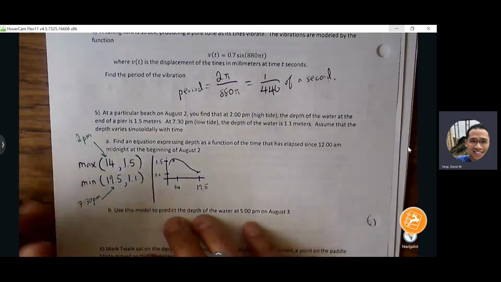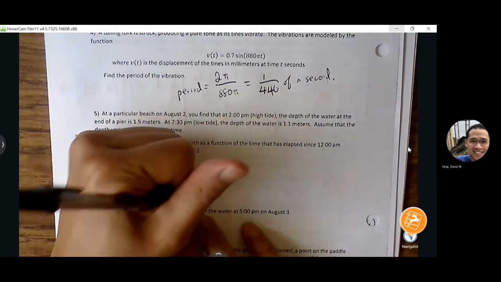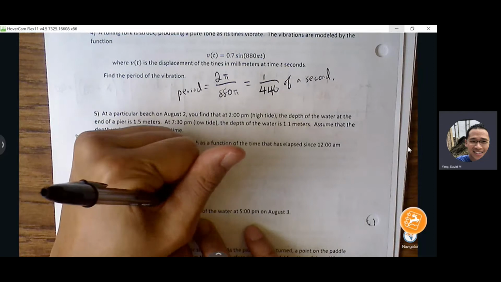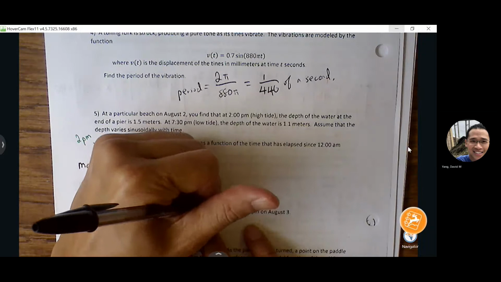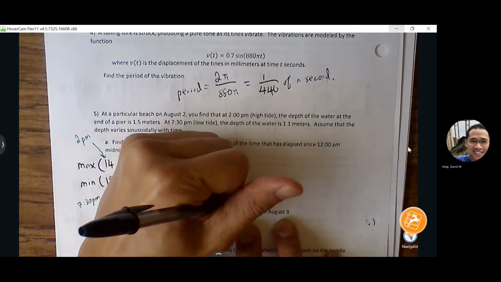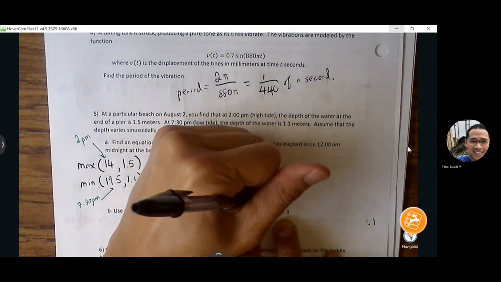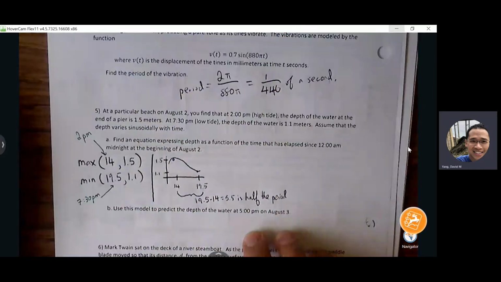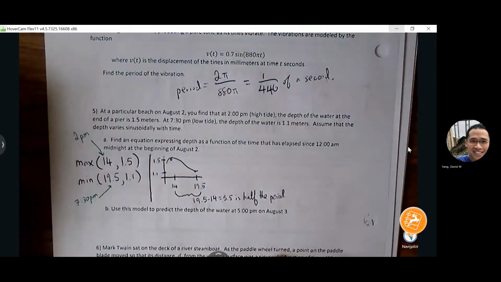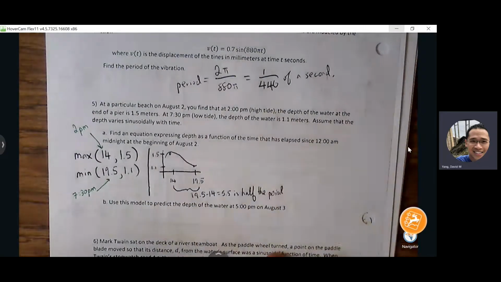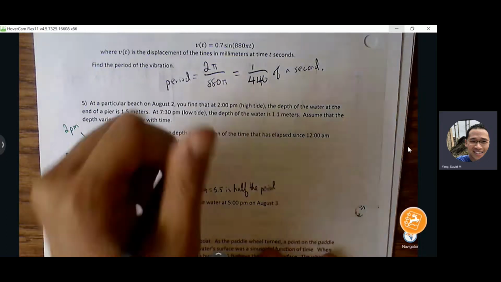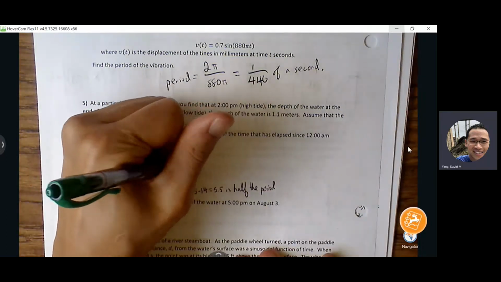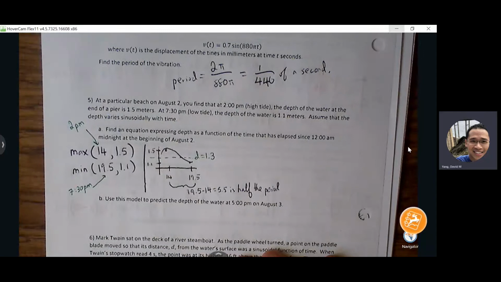We know that distance is half the period. We can find our d value by finding the average between these two. And our a value is that difference between max and the d value.